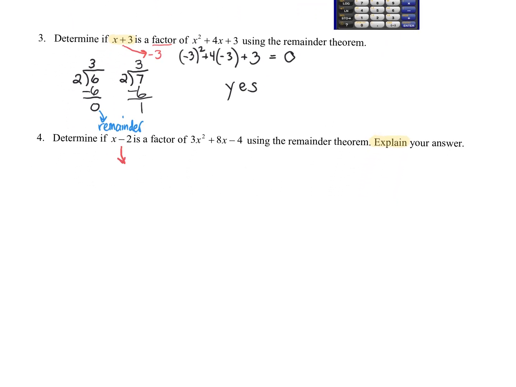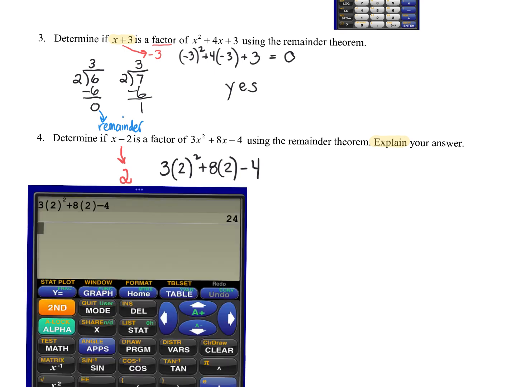So x plus 2, I'm going to be substituting in positive 2. All right, so I have 3 times 2 squared plus 8 times 2 minus 4. When I substituted in 2 into my calculator, as you can see, our remainder is 24.